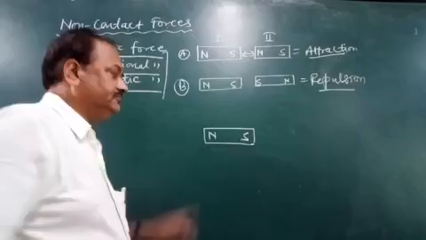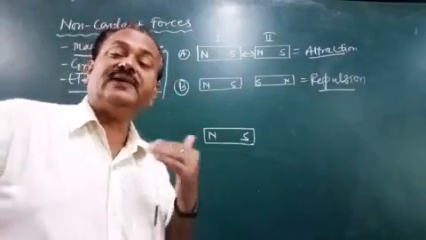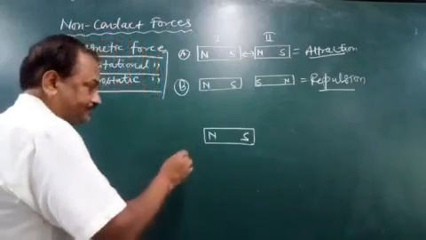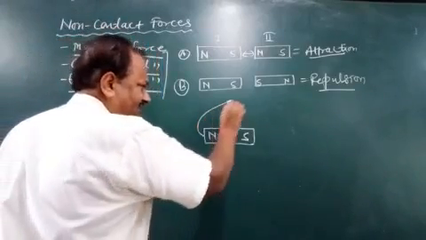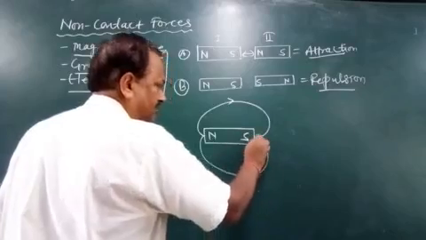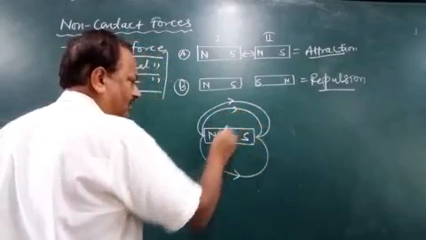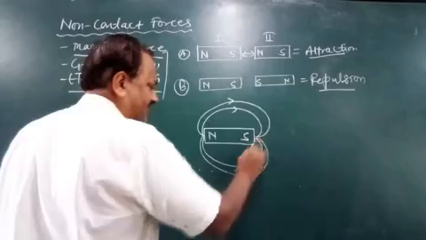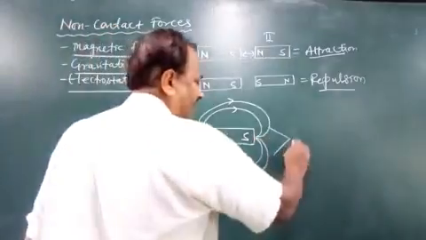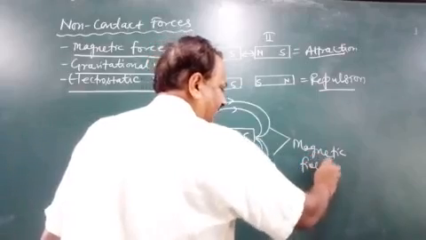In the case of magnets or magnetic substances, a special type of lines or areas is formed, and the lines start from north and end up at south. In this pattern, these are called magnetic field lines.